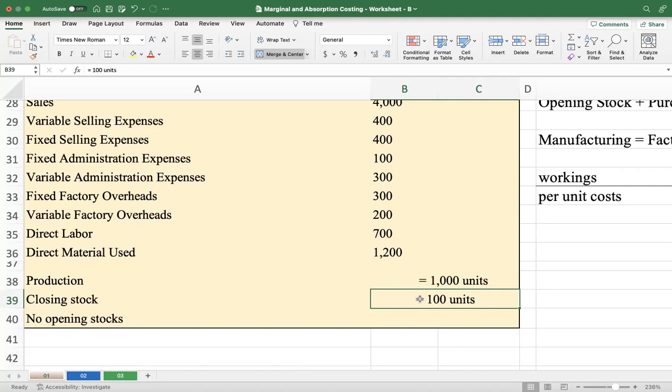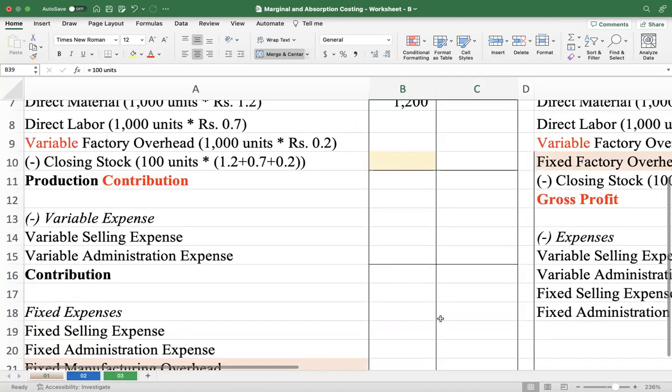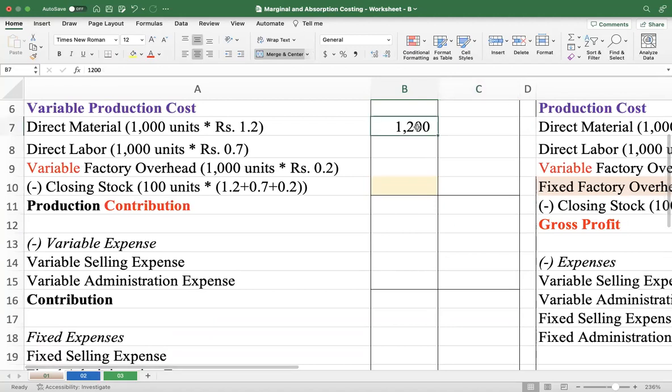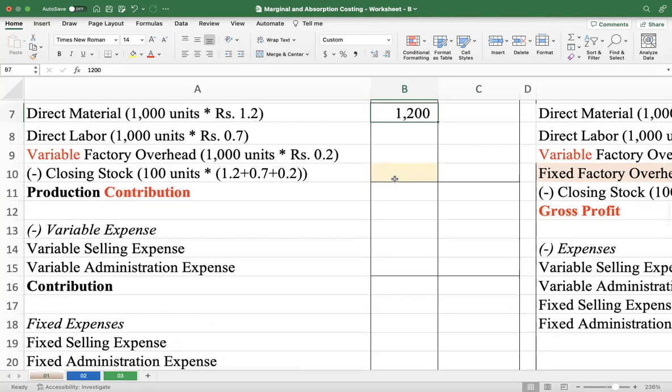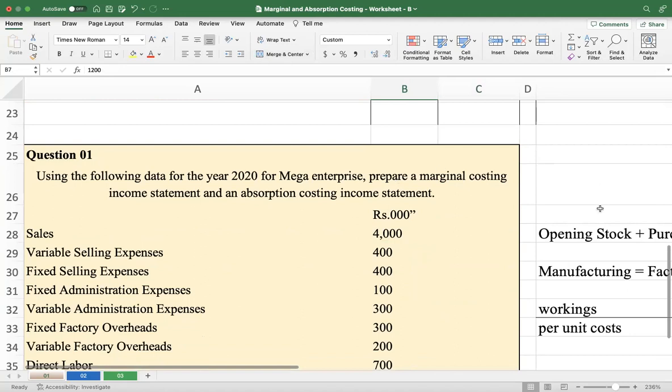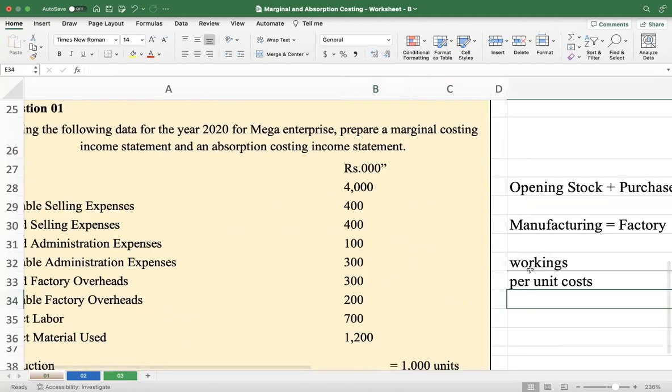So for us to find the value of the closing stocks, we need to find the per unit production cost. Now here they have given us the total values: direct material, direct labor, variable factory overheads, likewise total costs. So now it's up to us to find the per unit costs. Now go to your workings.